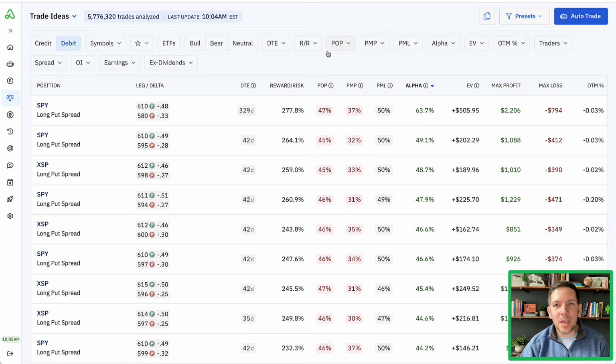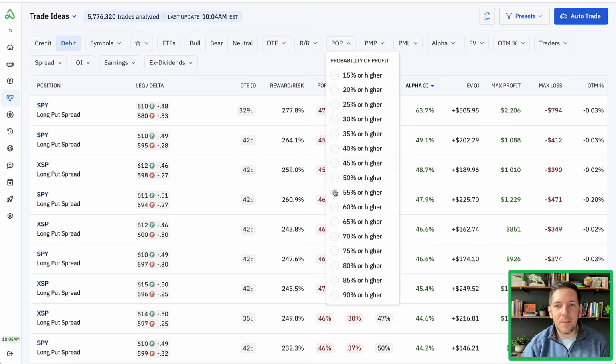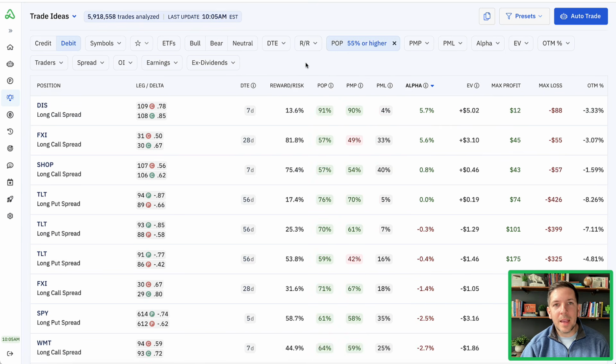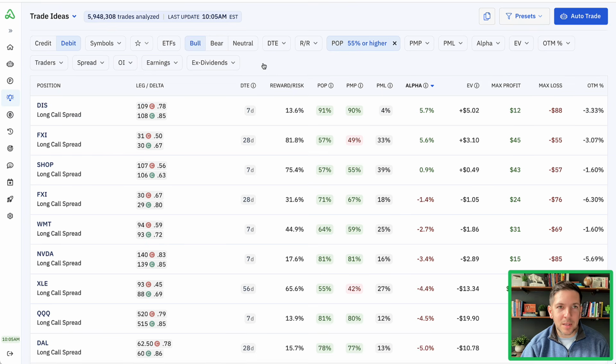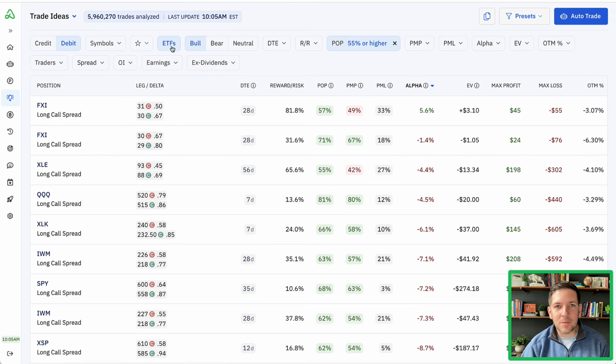So let's say, for example, I want debit spreads with a probability of profit, let's say 55% or higher. And let's say I want bullish positions that are debit spreads and only ETFs, right?